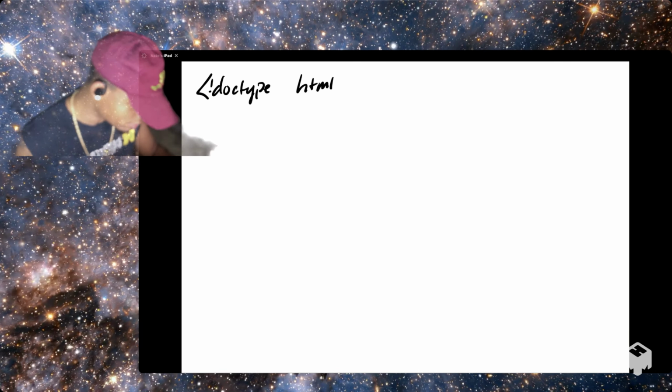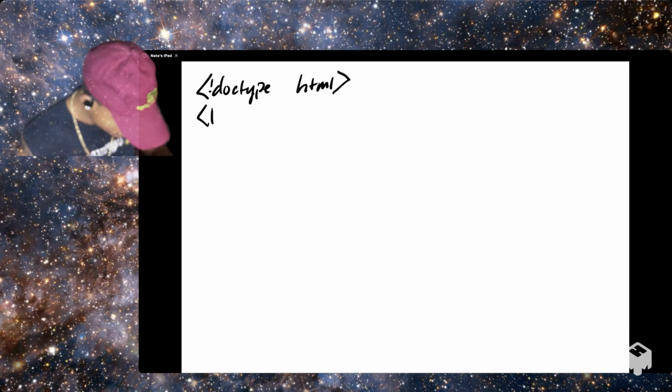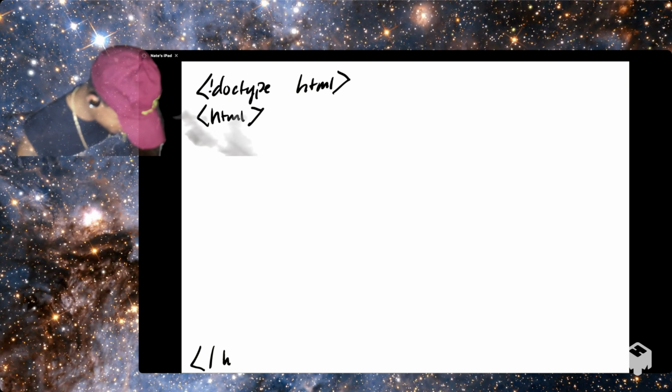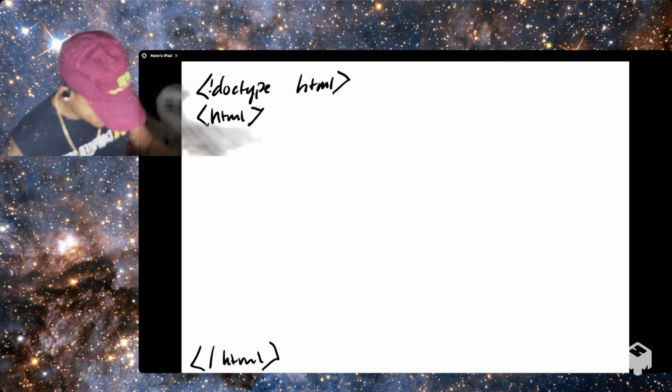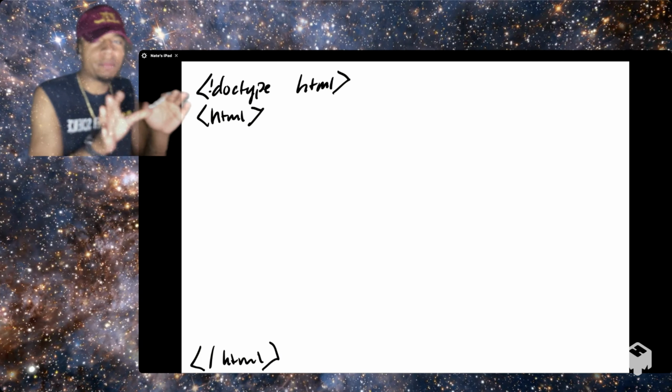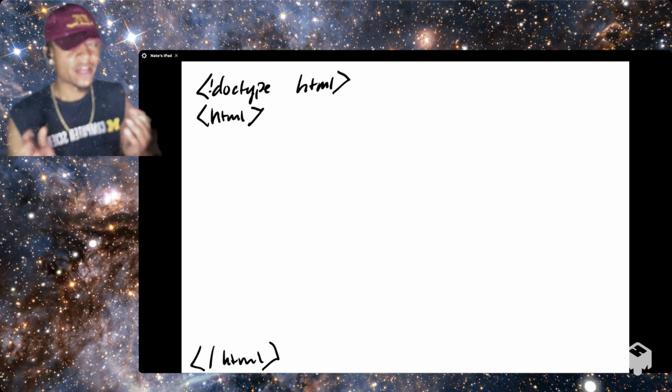So we got, once again, doctype. Let me get my pound. Doctype is HTML, and then we got HTML, and then we're going to close off the HTML down here. And inside of the HTML, I like to do a little bit of indenting. What do I mean by that?